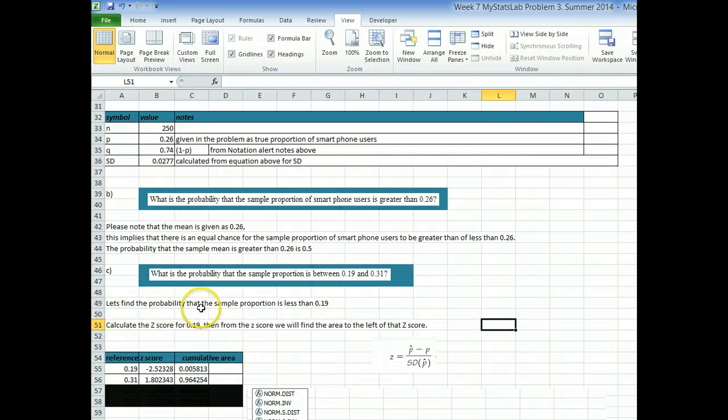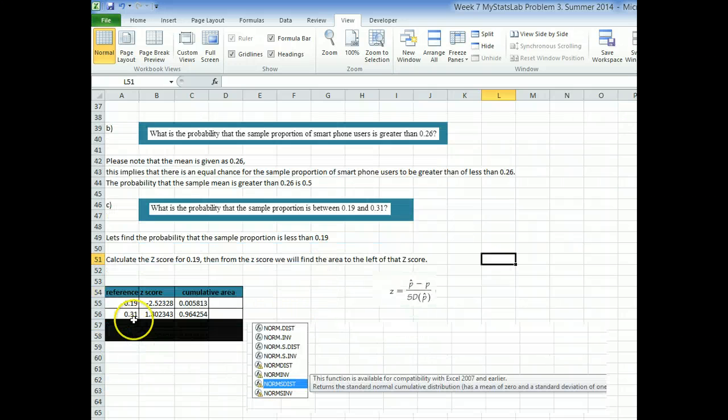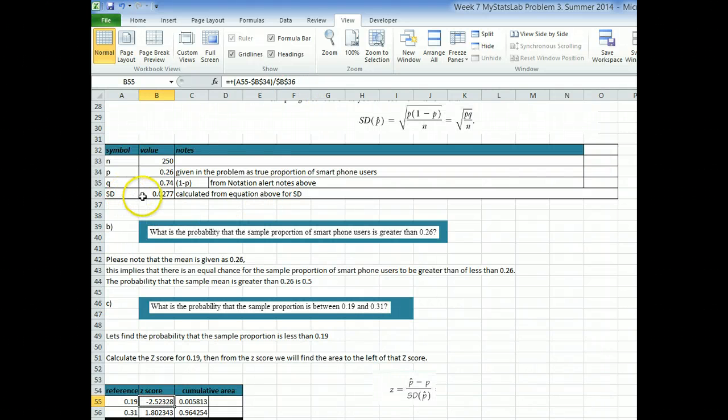So let's find the probability that the sample proportion is less than 0.19. 0.19 is our reference value, and we can calculate the z-score from this expression here, p hat minus p over the standard deviation of p hat, and that's what this formula does. I've referenced B34 and B36, which are my standard deviation previously calculated and my value of p, which are both in this formula.